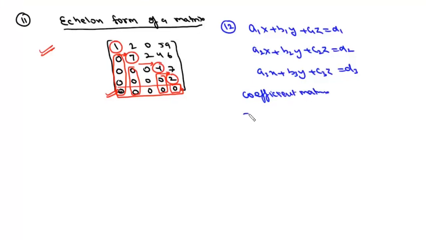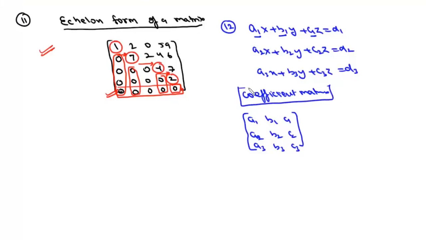Basically, the coefficient matrix is the matrix of coefficients of x, y and z. In this case it will be a1, b1, c1, a2, b2, c2 and a3, b3 and c3. So this 12th type is your coefficient matrix. And the 13th type is the augmented matrix.